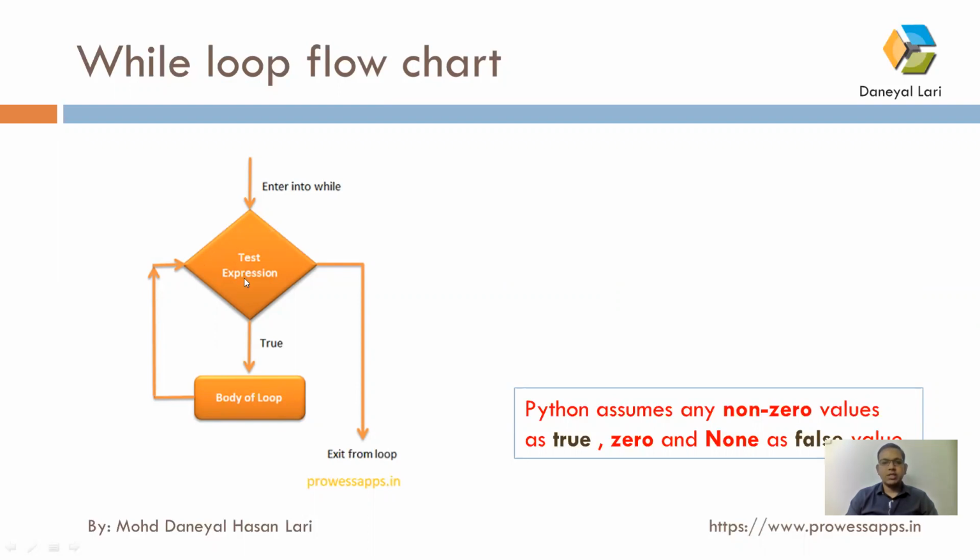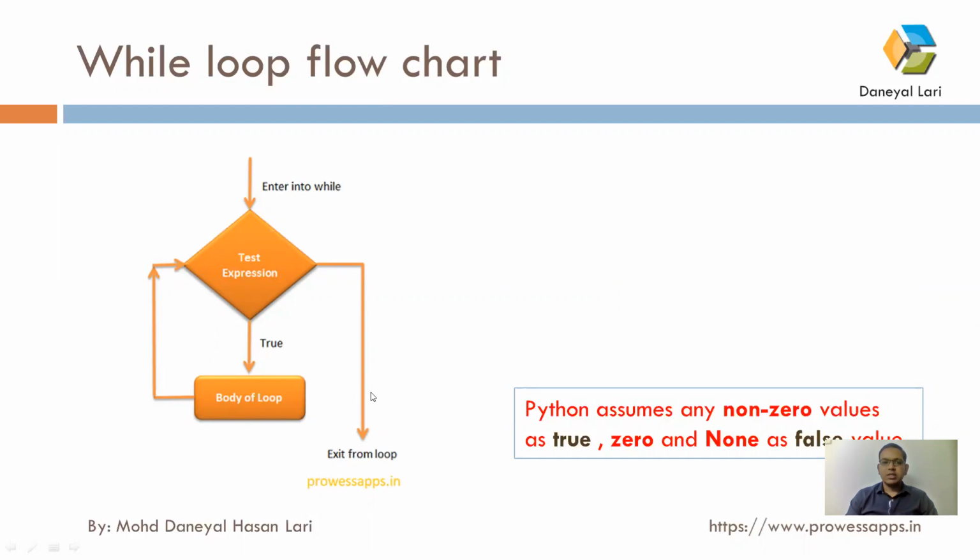And if it finds again it is true, then it will enter one more time into your while's loop body. Then it will execute all these statements. After that, it will again check your test expression. And if test expression gets false, then it will exit from the loop.